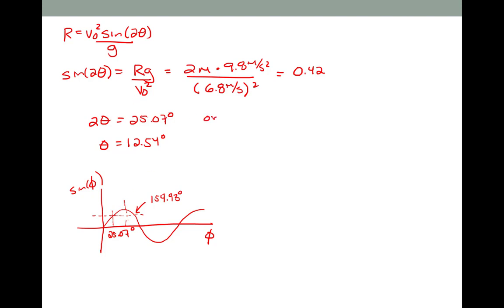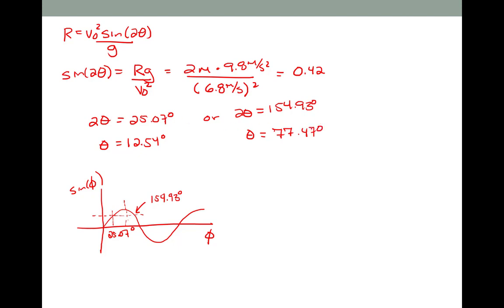So I'm going to put an or up here. 2 theta equals 154.93 degrees. And now I can take that angle and divide by 2 and find my second angle of 77.47 degrees.